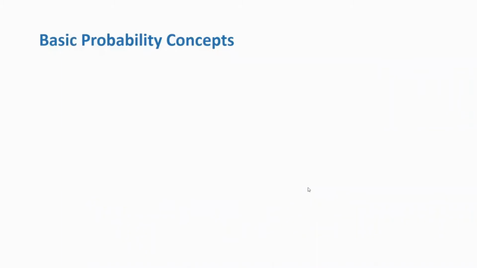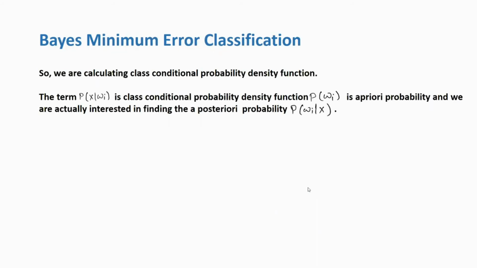Some basic probability concepts. Before we start with what Bayesian learning is: Bayesian learning is nothing but two types, as I showed you, Bayesian minimum risk classifier and Bayesian minimum error classifier.